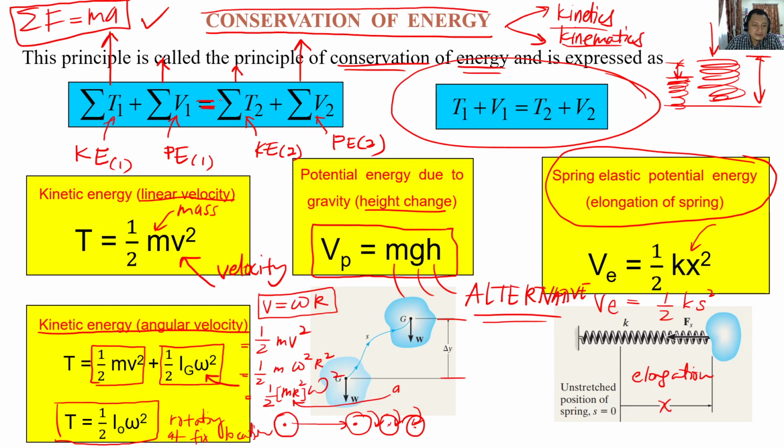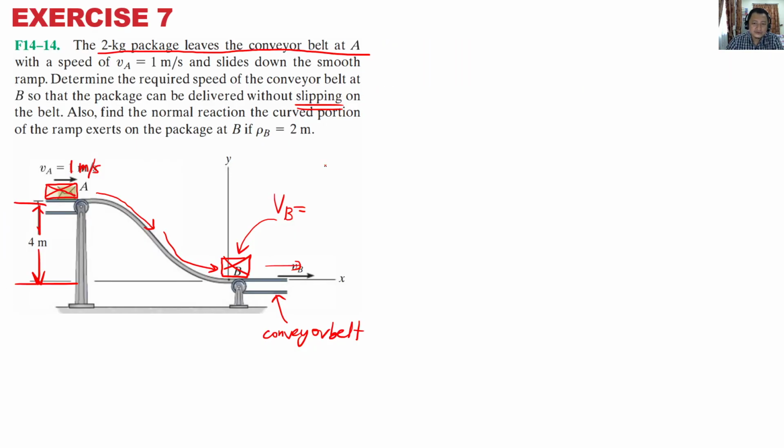T1 and V1, or kinetic energy 1 plus potential energy 1. Either way, you can choose which one you do. Stick to the books. T1 plus V1 equals T2 plus V2. This is the equation that we have.